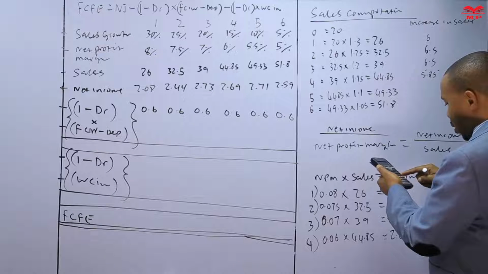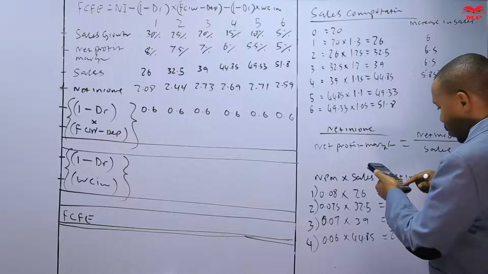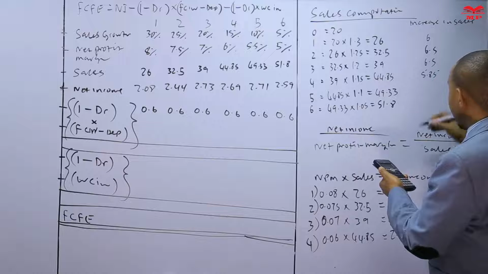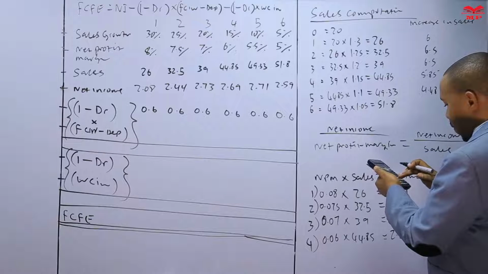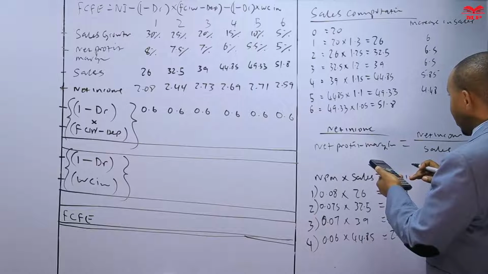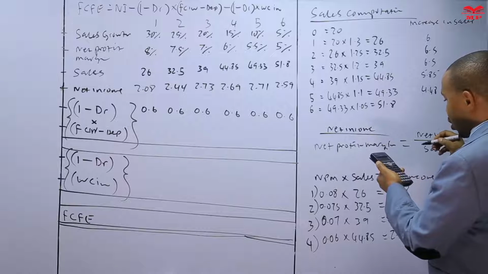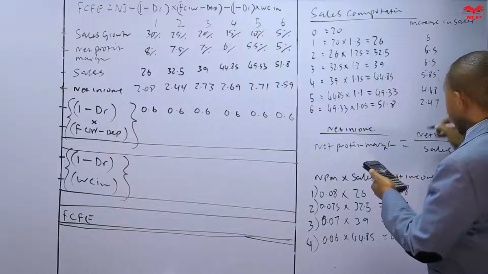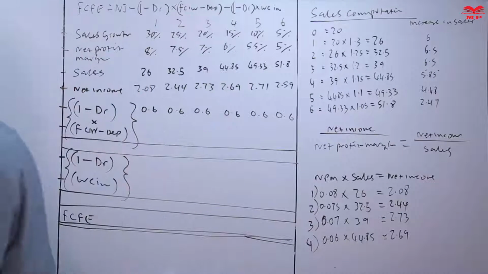Then we have 49.33 minus 44.85, we have 4.48. Then finally 51.8 minus 49.33, we have 2.47 there.